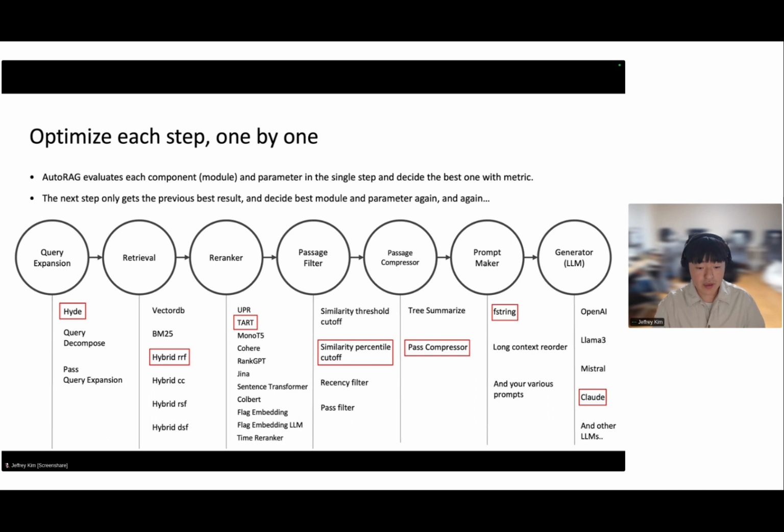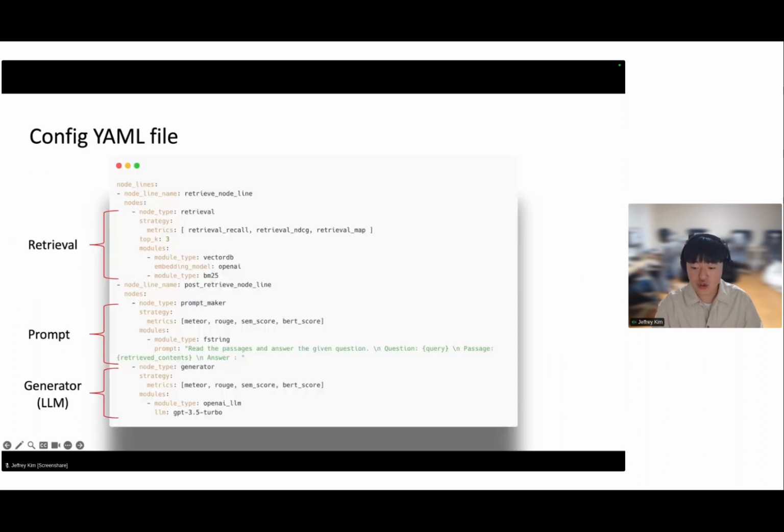In the previous slide, this is the query expansion node, this is the retrieval node, the re-ranker node, and you can configure them by editing this config YAML file. So here is the retrieval node, and the next is the prompt maker node, and the next is the generator, which is the LLM node.